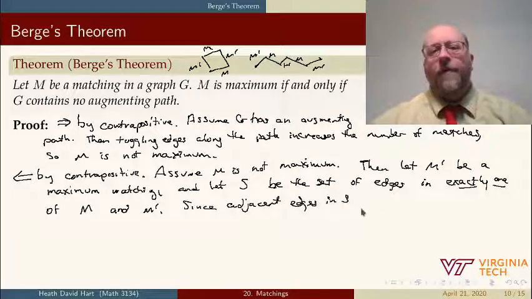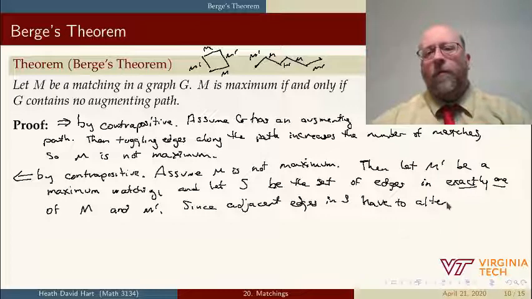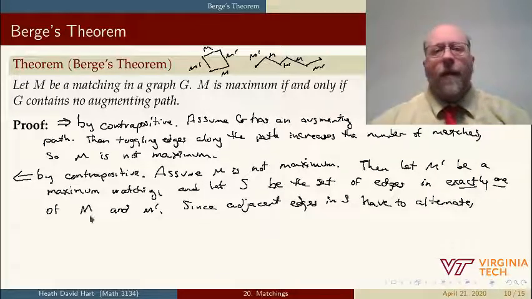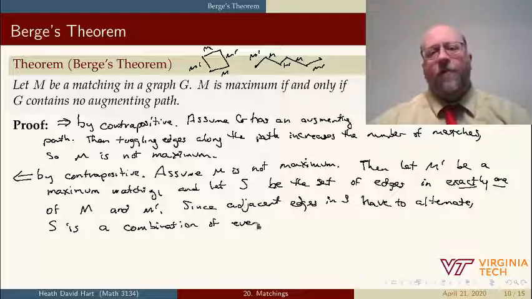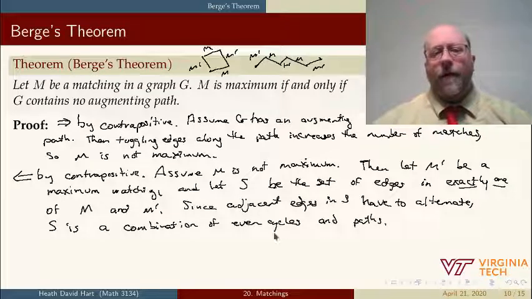Since adjacent edges in S have to alternate, S is a combination of even cycles and paths. There may not be any even cycles, but S is a combination of even cycles and paths.